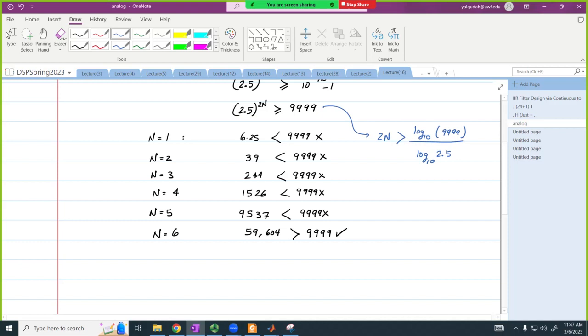It's going to be 2n multiplied by log 2.5 greater than log 9999. So this would have given me 10.05. So therefore, what is the n that I can have? If n is 5, it's going to give me a 10, which does not work, because it has to be greater than that. So n is equal to 6.